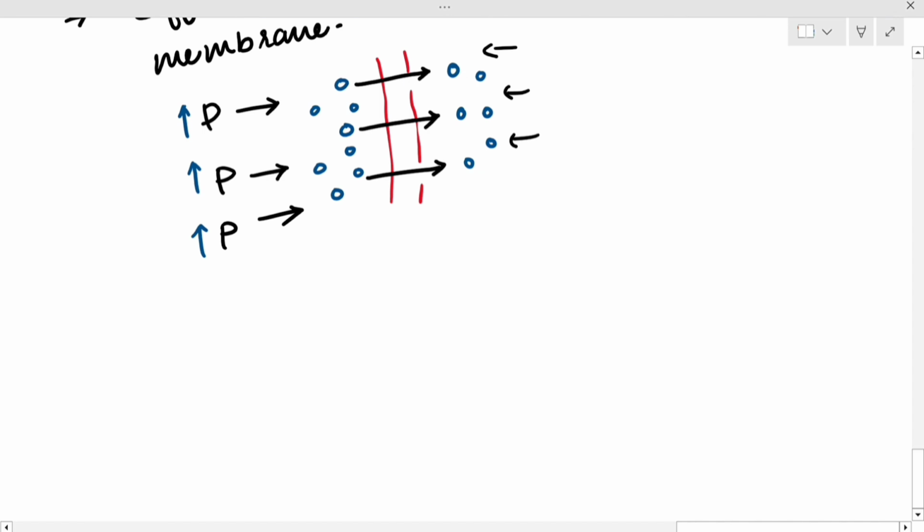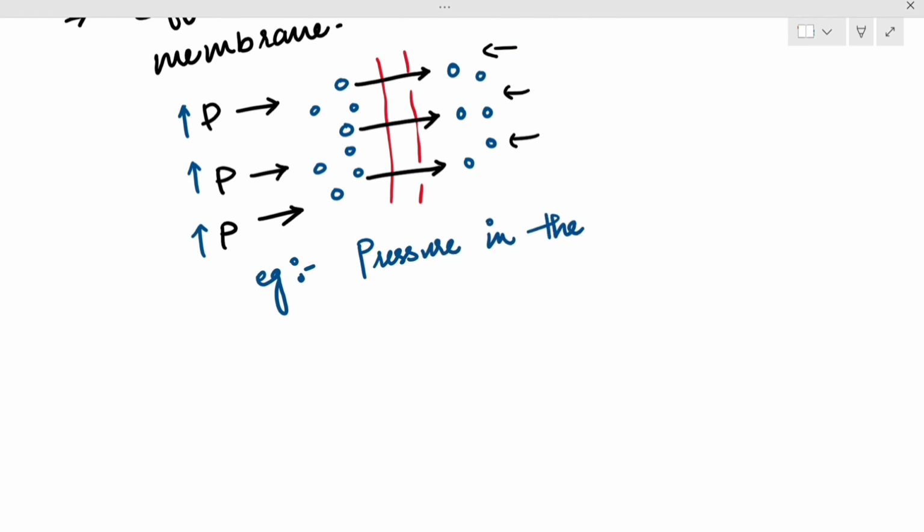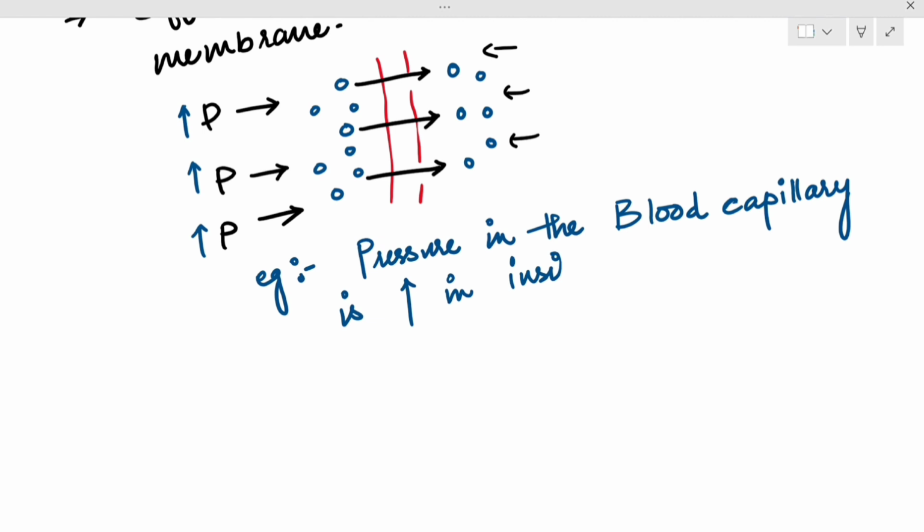So if we give an example, pressure in the blood capillary is higher inside as compared to outside.